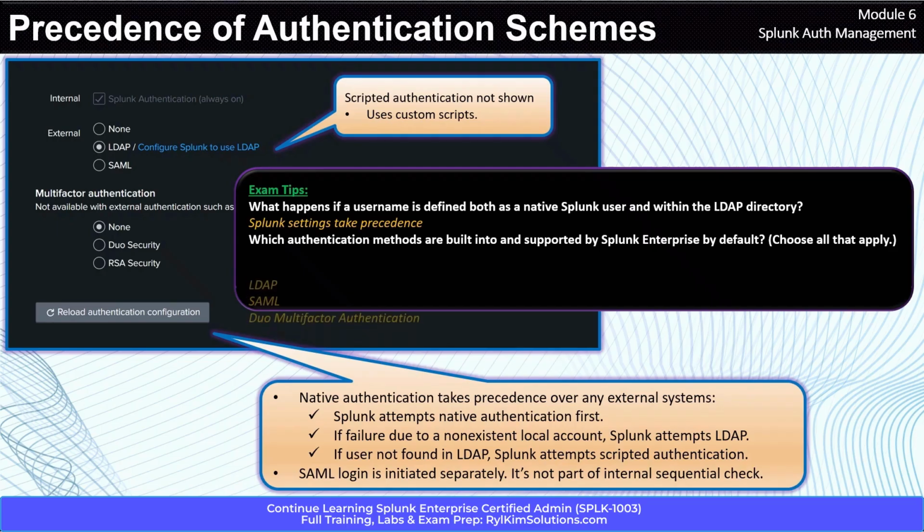So you are choosing those authentication methods that fall into what we're just looking at here on the screen. You have native authentication. If it's on the list, you pick it, that's fine. You are really looking at those that are in the list of your answers. LDAP is good. We have LDAP here. SAML, we have SAML here. Dual multi-factor authentication, we have it here. But if you have scripted authentication as an option, that is not going to be a good answer here, because in that case, you have to write custom scripts to enable authentication to take place.